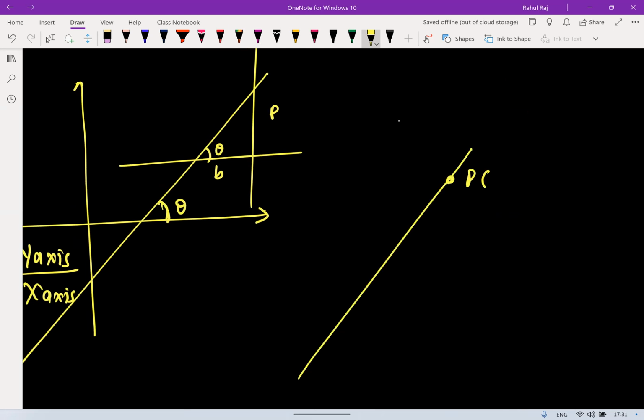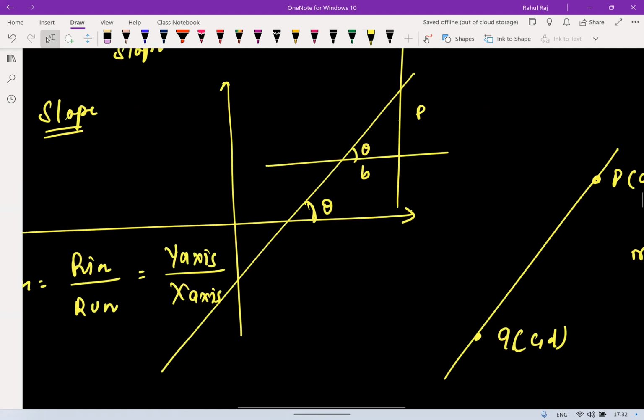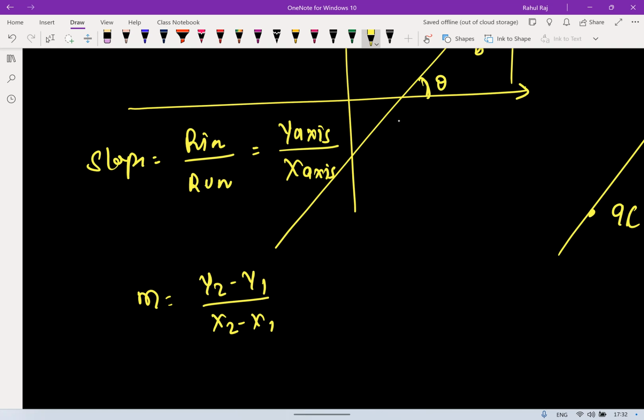So if there is a line, imagine this is point P, that is (A, B), and this is point Q, that is (C, D). So slope is the difference in y-axis by the difference in x-axis. So the slope of this line would be B minus D by A minus C, or I can say A minus C by B minus D. Please understand, slope m is equal to y2 minus y1 by x2 minus x1, where (x1, y1) and (x2, y2) are two points.